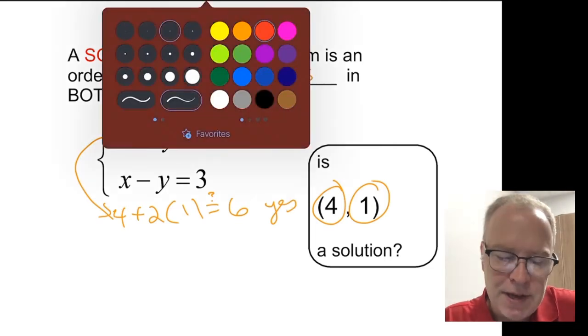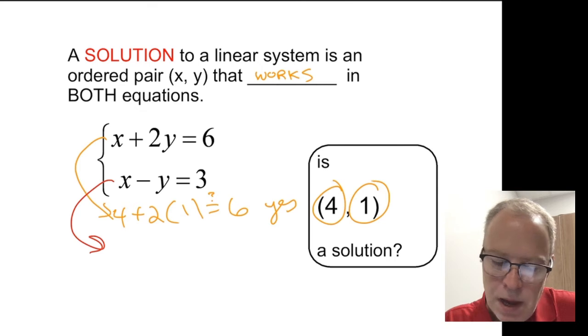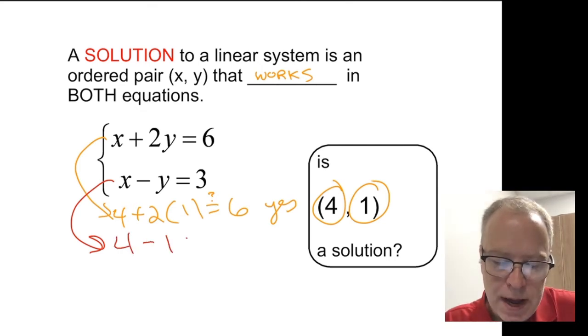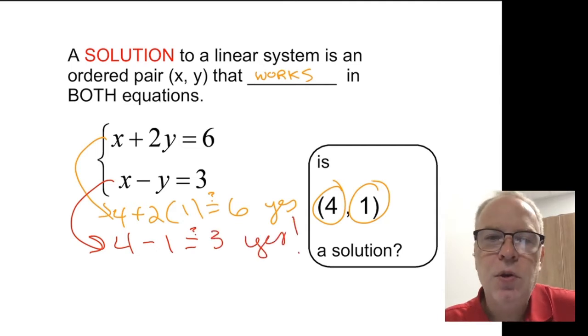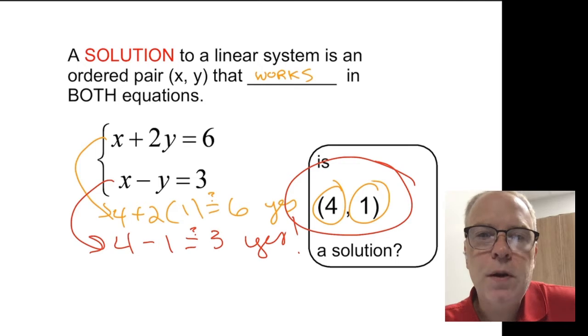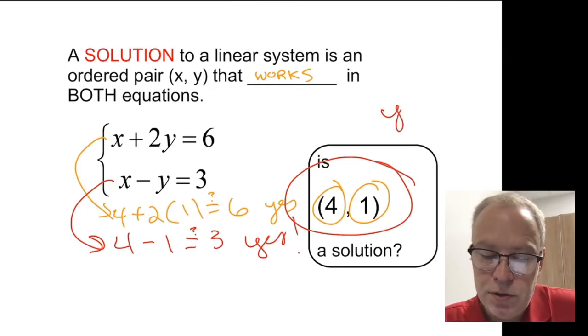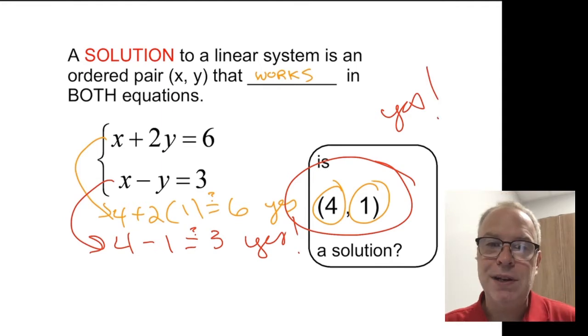Now let's check the second equation. I'm going to put 4 in for x, and then 1 in for y. Does that equal 3? Yes. So since 4, 1 works in both equations, it is called the solution. So yes, it was the solution in this particular case.